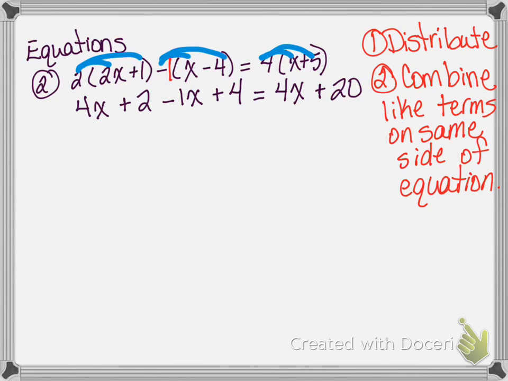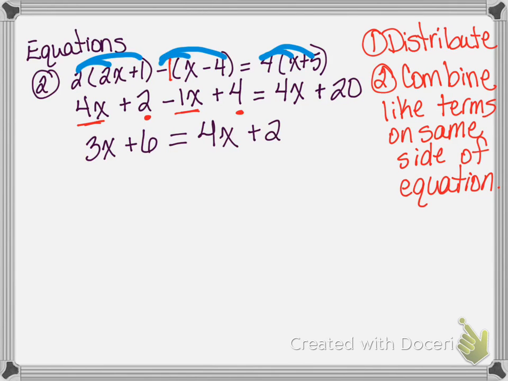So, I have 4x and negative 1x, then I have 2 and I have 4. So that is what I'm going to combine. 4x minus 1x is 3x. 2 and 4 is 6.